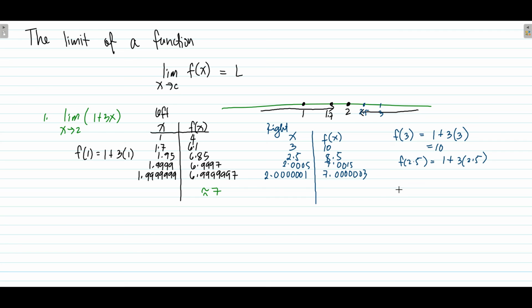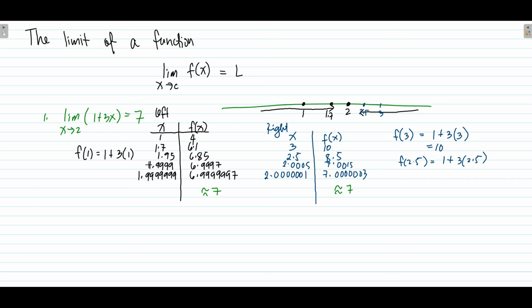And roughly, that is also 7. So ibig sabihin, the limit of the function 1 plus 3x as x approaches 2 is equal to 7.